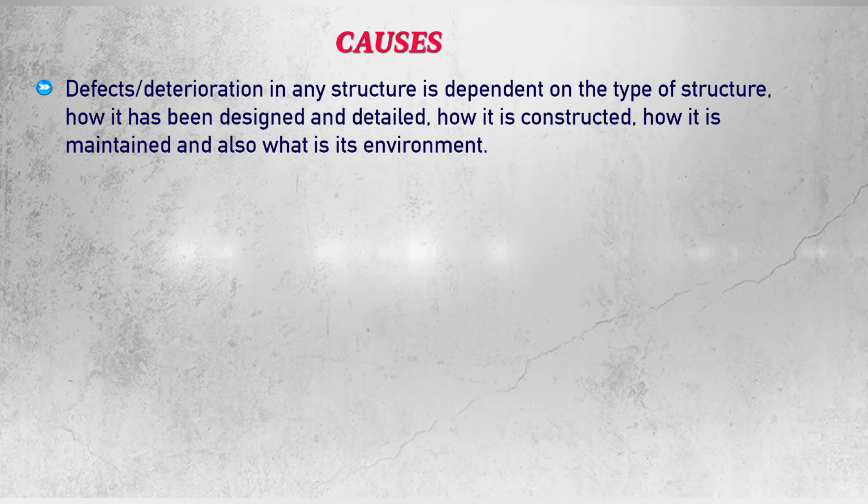Now, let us move to the causes of the defects or deterioration in buildings. Defects or deterioration in any structure depend on the type of structure, how it has been designed and detailed, how it is constructed, how it is maintained, and also what its environment is, because the environment of the structure plays an important role in its deterioration.